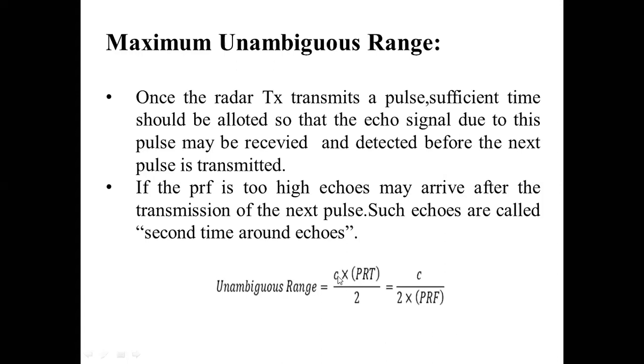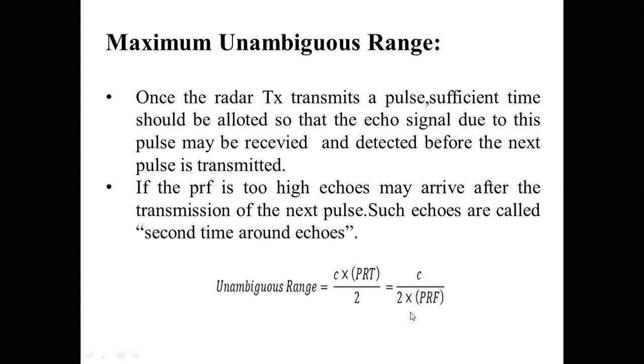C is the speed of light, T is the time of the signal, and 2 is the round trip of the signal. But instead of time, it is represented as PRT, the pulse repetition time, or the pulse repetition frequency. 1 by T is the pulse repetition frequency.